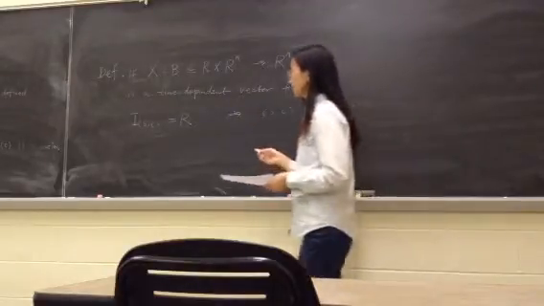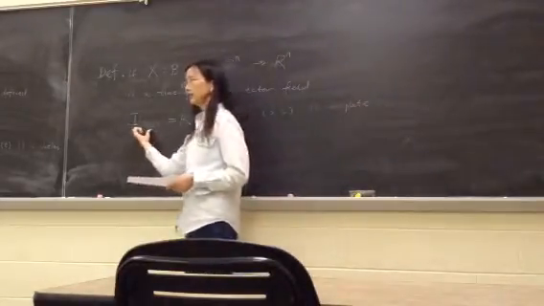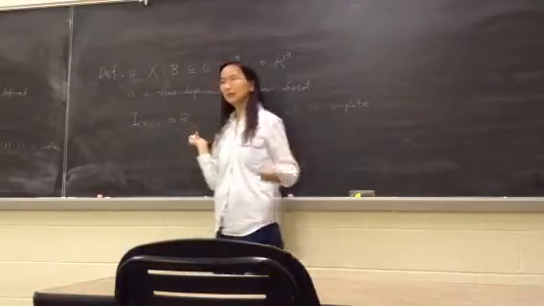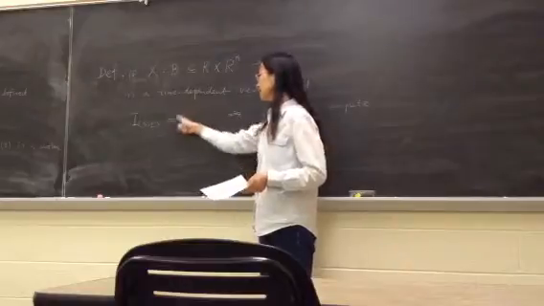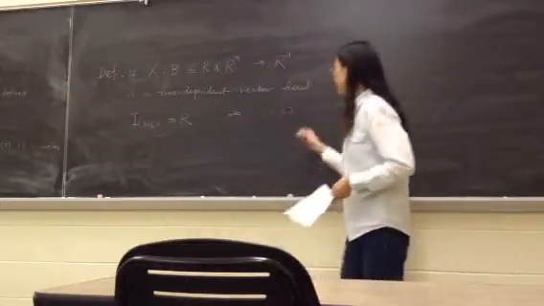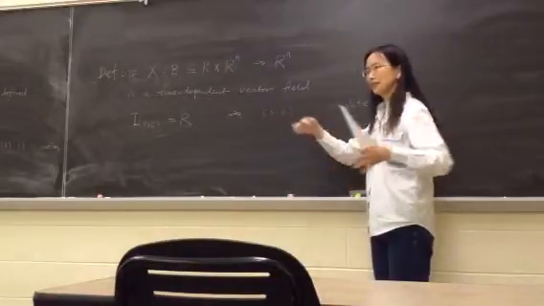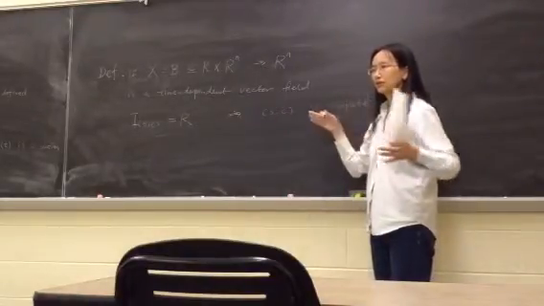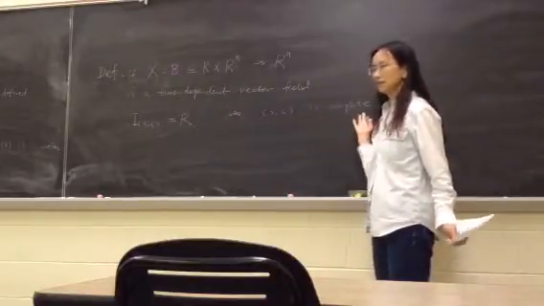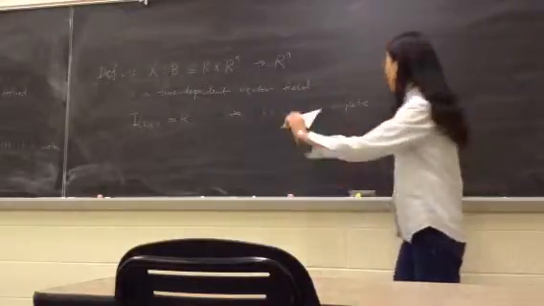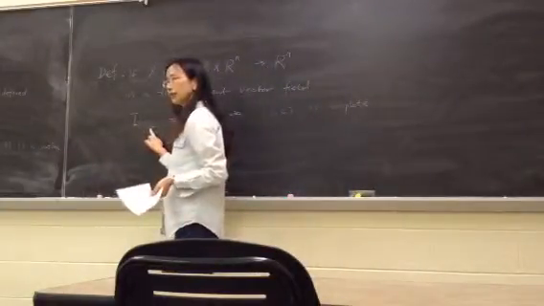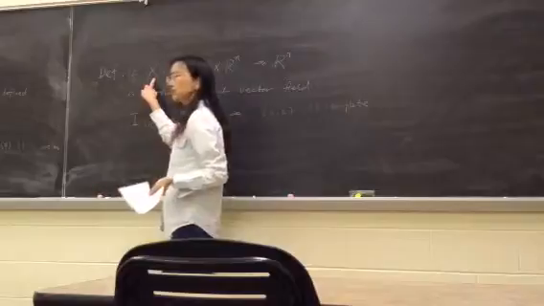Why do you say that? Because the maximal interval is the entire real number line. The time interval maps to the real line, so the largest possible interval is R, the real number line. That means you can find the integral curve passing through this point, and it is defined on the real number line. So the point is complete, and if it's true for every point, then we say the vector field is complete.